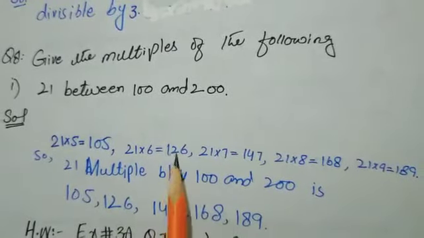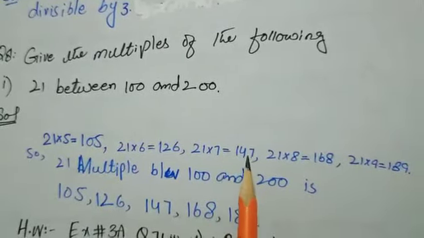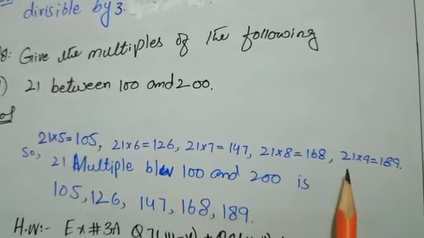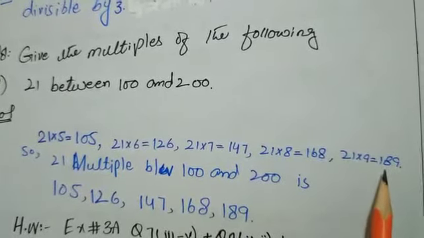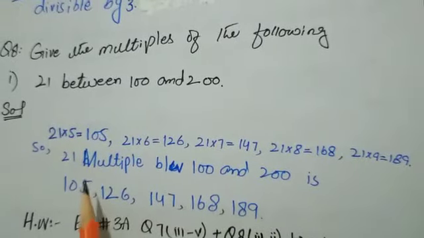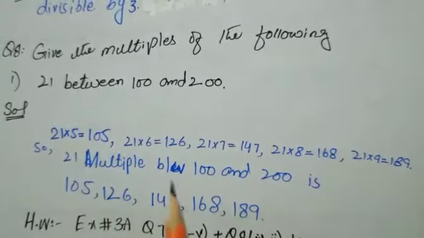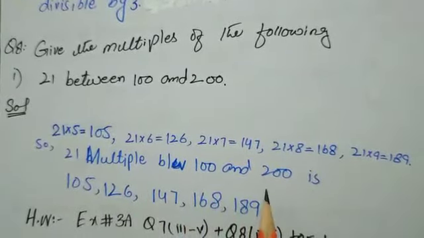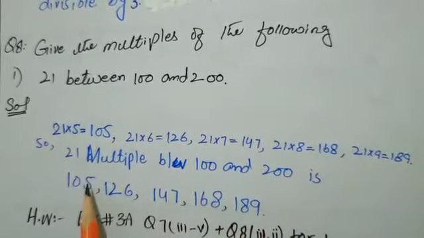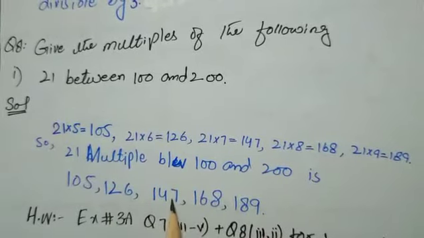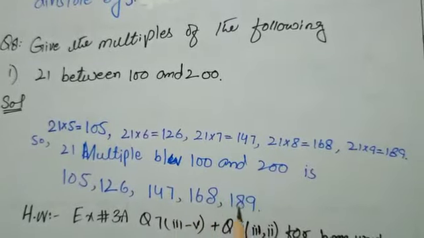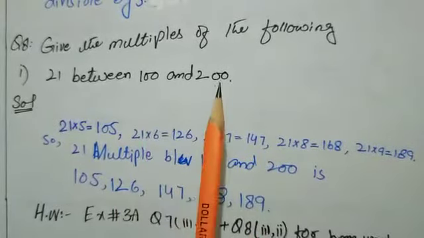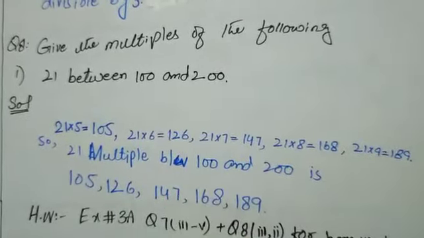We multiply by 6, answer is 126. By 7, answer is 147. By 8, answer is 168. And by 9, answer is 189. So the multiples of 21 between 100 and 200 are 105, 126, 147, 168 and 189.